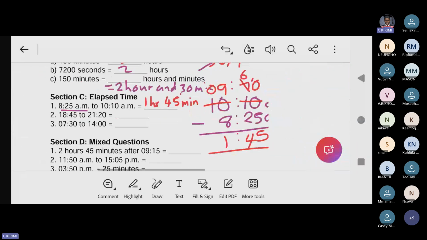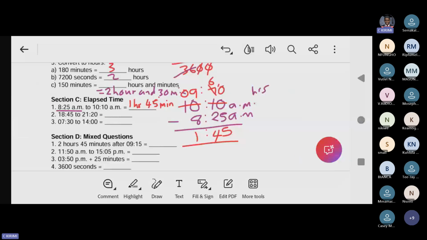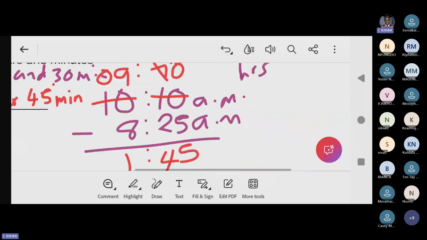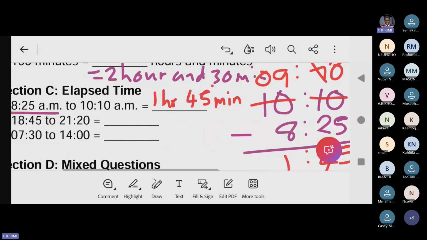So whenever you borrow from hours to minutes, you are borrowing 60 minutes because we know 1 hour equals 60 minutes. Now the time that has elapsed from 1845 to 2120, which is in 24-hour notation. So you are simply subtracting 2120 minus 1845.